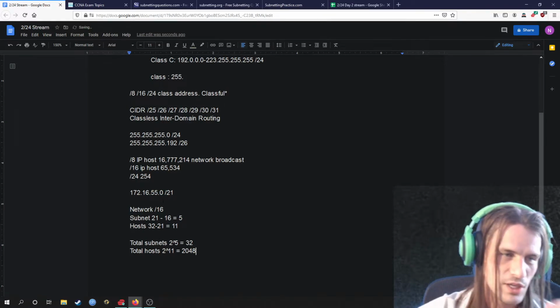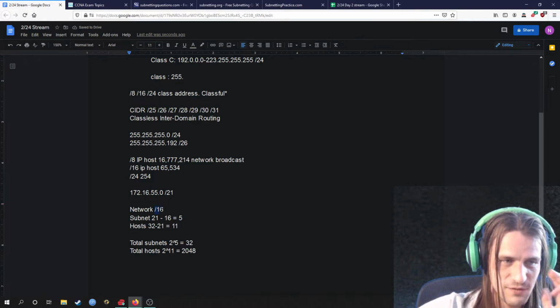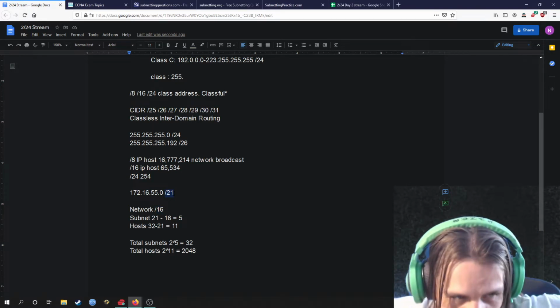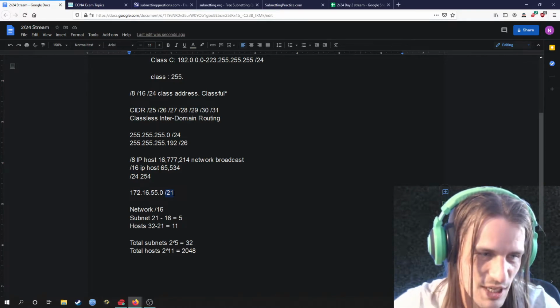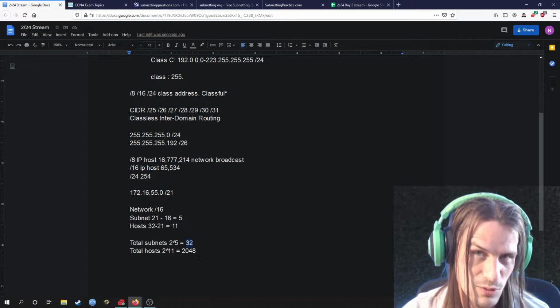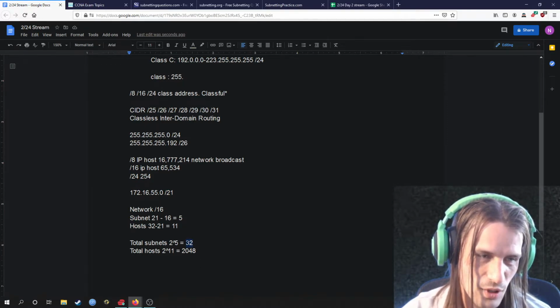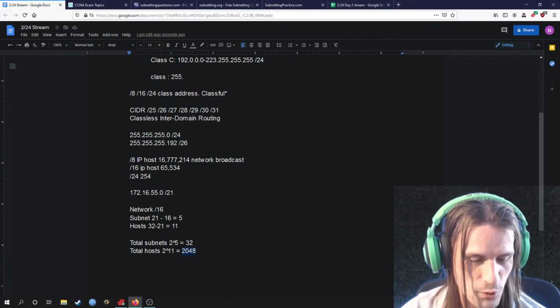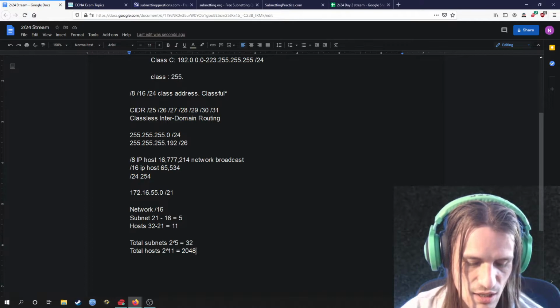Bam. So we know that moving from the default network to the new subnet mask, moving from /16 to /21, we changed the network. It now has 32 subnetworks, and each one of those subnetworks is going to have 2048 addresses in total.